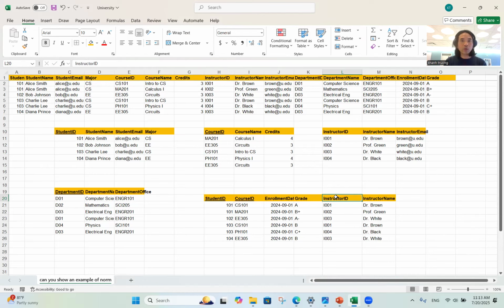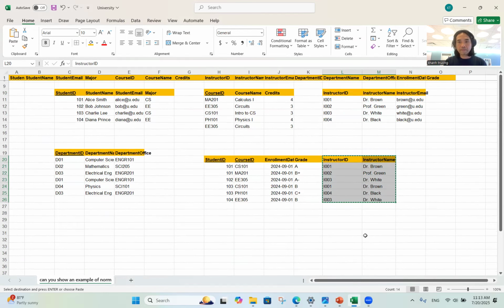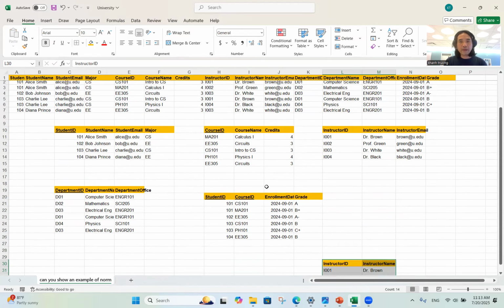It is associated with the course, so you have to remove these things right here. And then you have to change the course table.